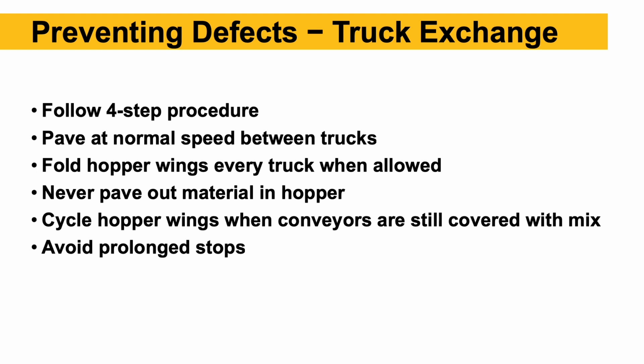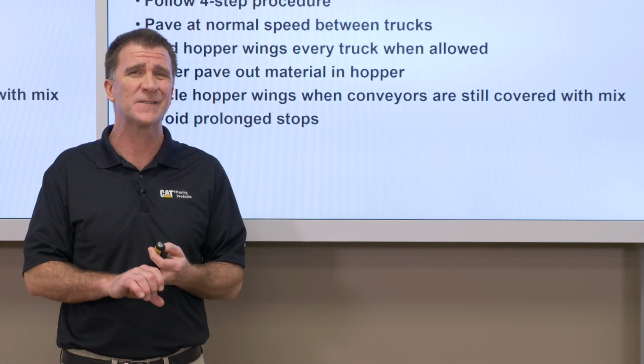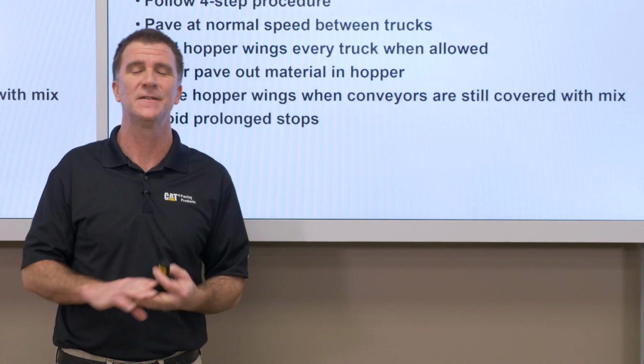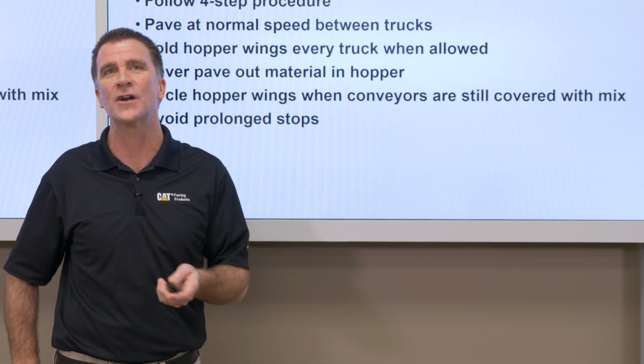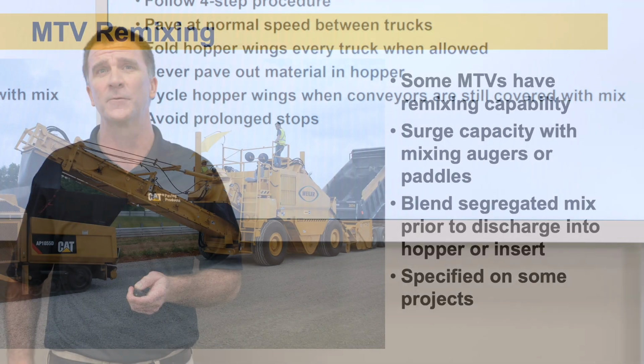We never want to pave out the material in the hopper, so we don't want to run that hopper down to where we see the conveyor tunnels or see the conveyors or the floor of the hopper. Cycle the wings when the conveyors are still covered with mix, and try and avoid those prolonged stops. So again, 5 to 6 minutes or less, not likely a problem, but when we get longer stops, it's going to lead to bumps or density problems.